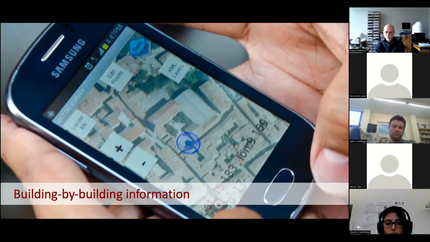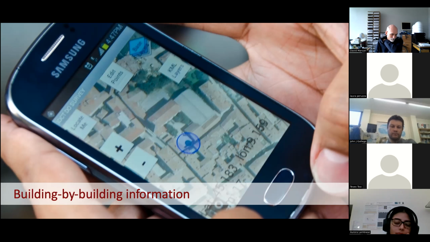This is possible if you have an army of students, in this case 40 students. Most of them were civil engineers, maybe less than that. But again, people with some technical background, and there were only 1,500 buildings. If I asked my students for more than 1,500 buildings, I would probably drop the class. So this was the maximum that I could push them.